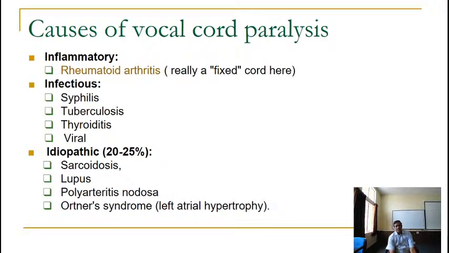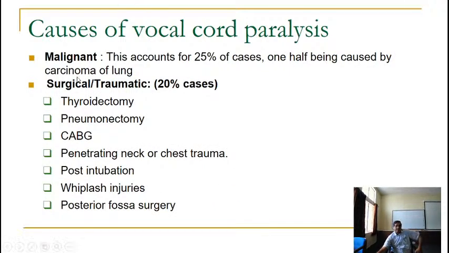Various causes which produce this are usually classified like this: idiopathic, where we don't know the reason; infectious, various infectious conditions like syphilis, tuberculosis, the viral infections, and inflammatory conditions like rheumatoid arthritis; and then malignant tumors, either in the intracranium, or in the skull base, or in the neck, or in the chest.